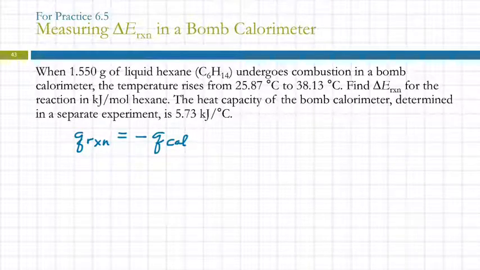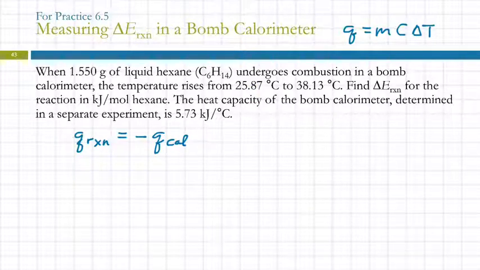Well, Q equals MC delta T, right? So let's just remind ourselves of that. Q equals MC delta T. Well, we don't know much about the reaction. We don't know its specific heat capacity. We don't know its change in temperature. We're looking at the change in temperature for the calorimeter.